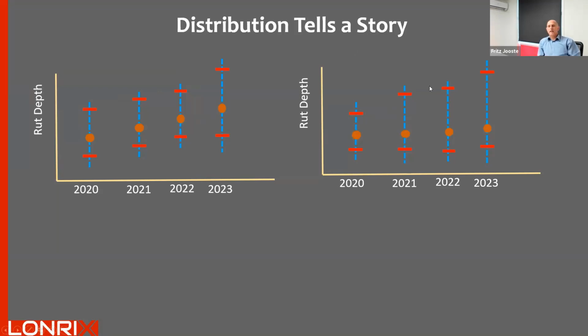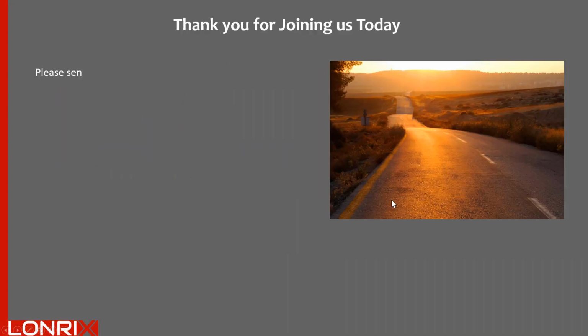So this would be more indicative of a road where you've got a few bad patches, and those bad patches are growing worse and worse every year and spreading out just a little, whereas the one on the left, the entire road is systematically probably flawed and slowly not being able to accommodate the traffic that you have on it.